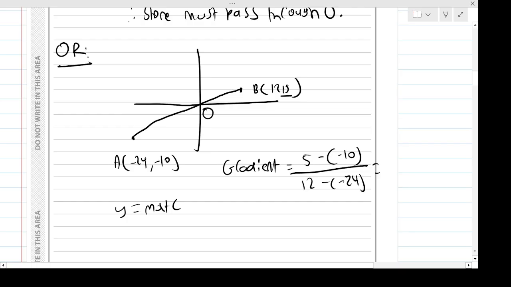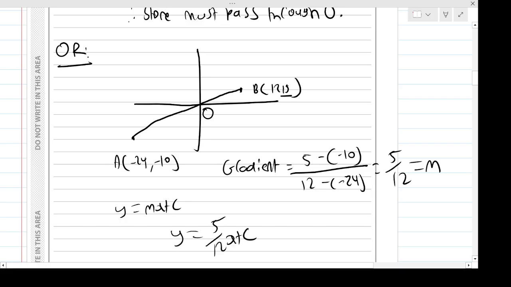If we work that out, we get 5 over 12. That's my gradient, so m is 5 over 12. So then y is 5 over 12 x plus c.